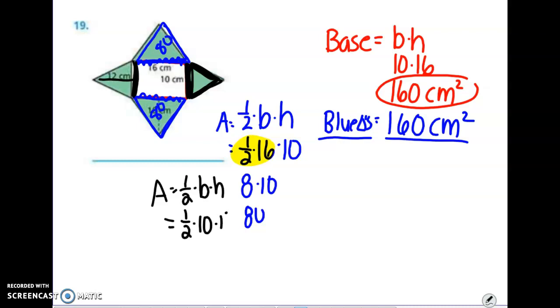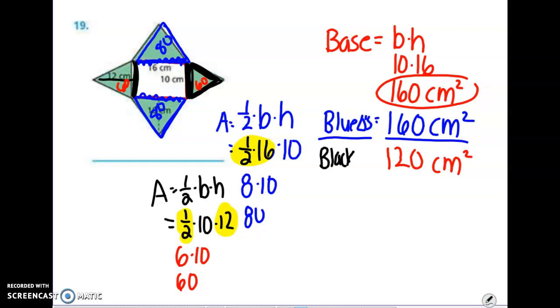The height is 12. Now in this one, because of the commutative property, I can do it in any order. I'm going to do half of 12 in my head. And I know that is 6. And 6 times 10 is going to give me an area of 60, which means this one is 60 and this one is 60. And together they add up to 120. Okay, so the 2, I should have done this in black. The 2 black triangles together add up to 120.